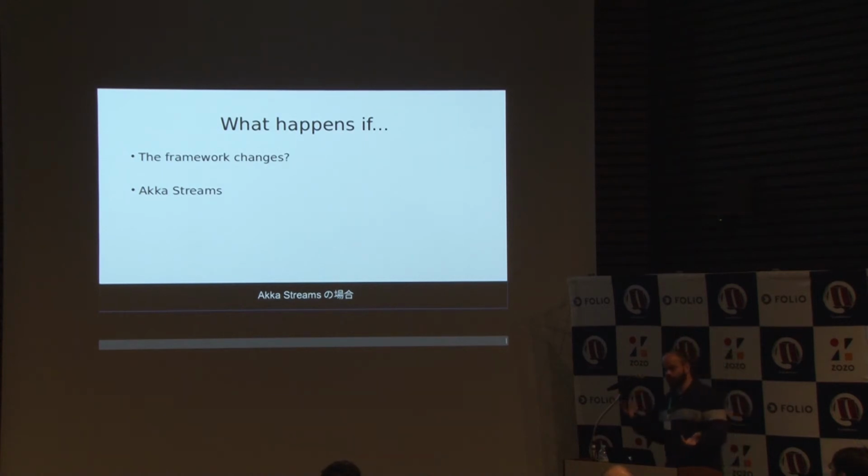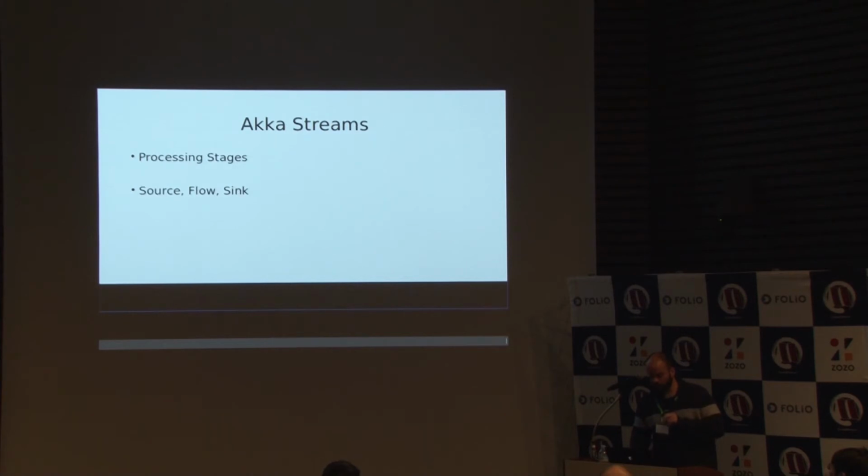And we realized that we have our business logic separated from Spark, so maybe it is not that hard to change it. But first, a little bit about Akka Streams. I don't know if you know anything about it, but it's composed of processing stages that are sources, flows, and sinks.